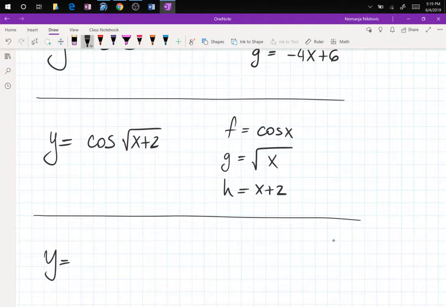Some of the problems that students would really hate is sine cubed of x plus, let's say, 3 squared. Yes? What if for your first one you said that f was 3x, g was e to the x? It's overkill.